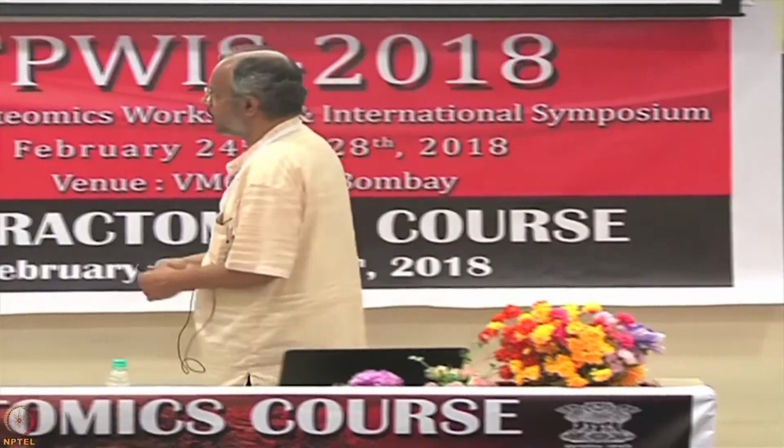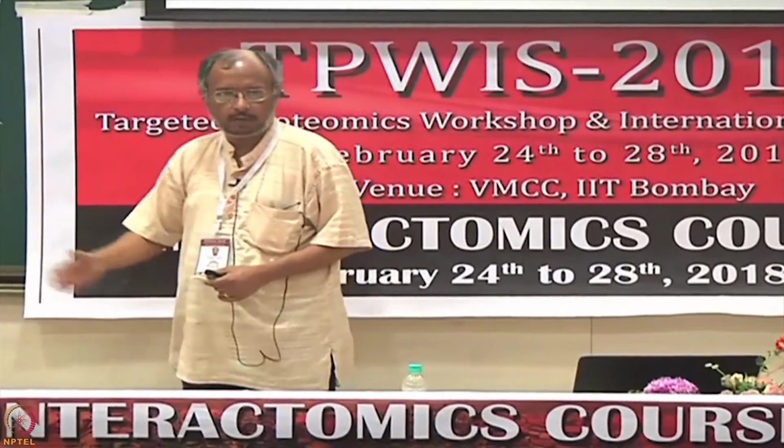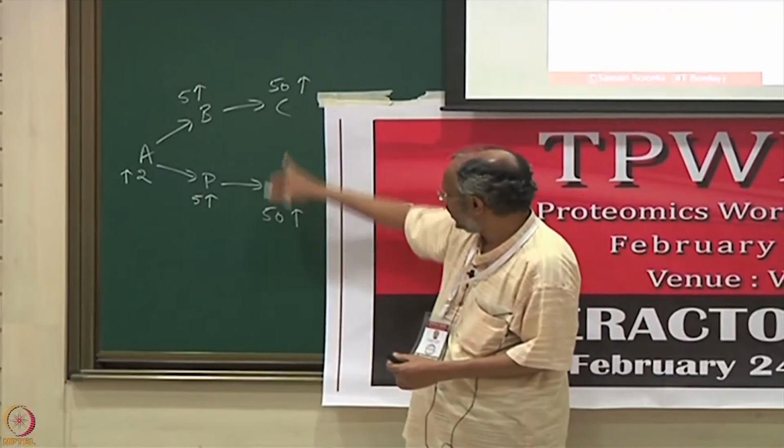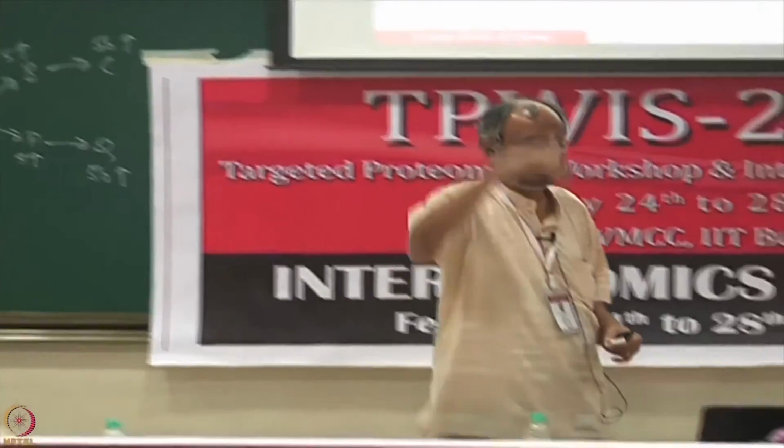various pathways. Okay? If I asked you to find out those species which are most upregulated, you would have told me C and Q are most upregulated because they have the highest fold changes.